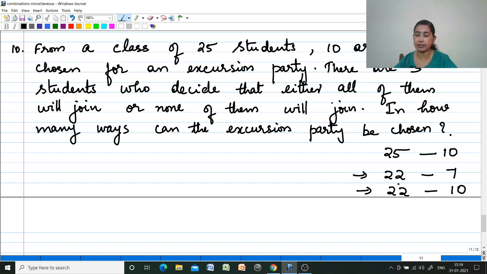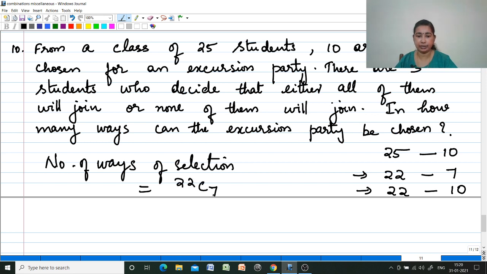Number of ways of selection is equal to 22C7, that is from 22 I have to select 7, or 22C10.